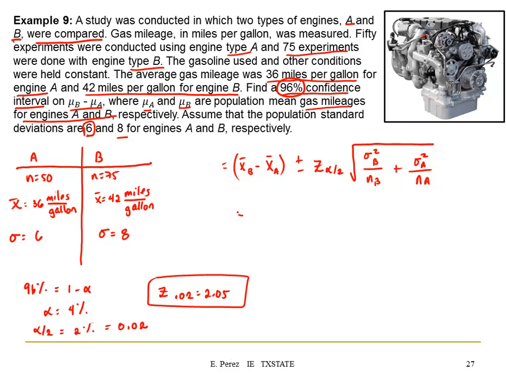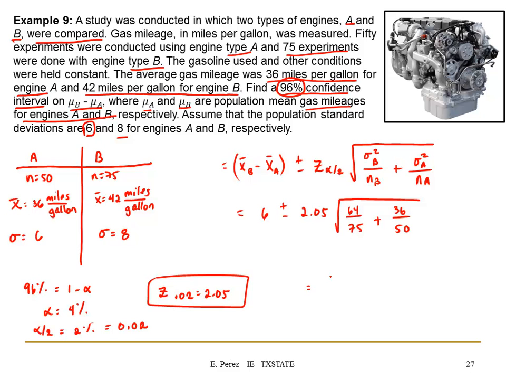So this will be equal to 6 plus minus 2.05 times the square root of 64 divided by 75 plus 36 divided by 50.